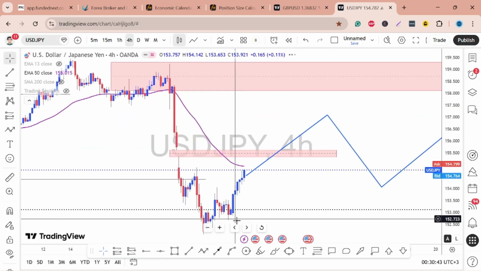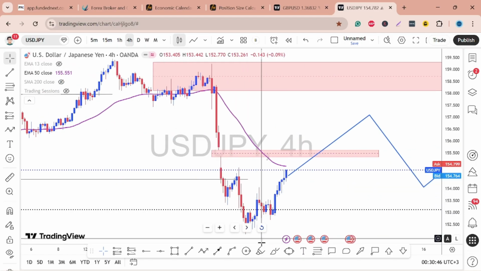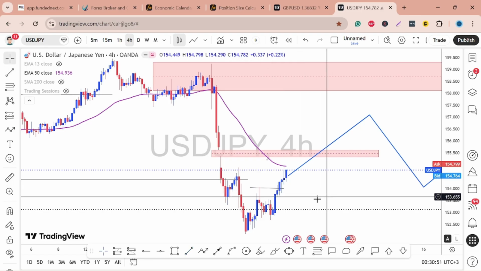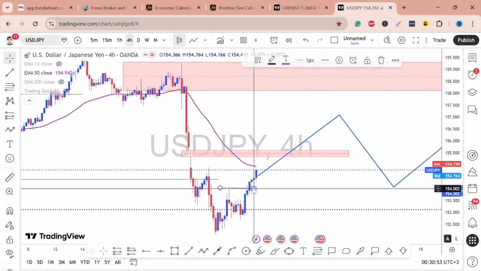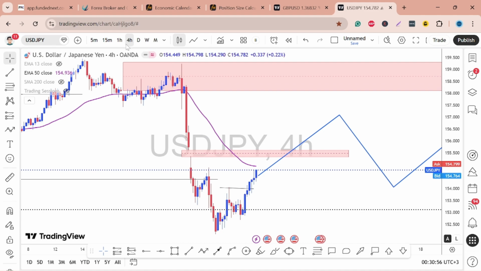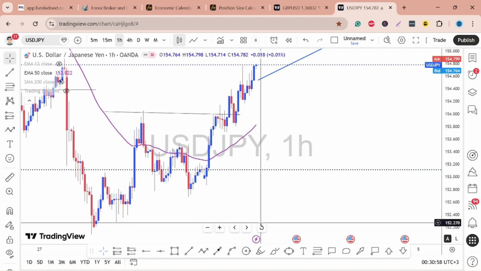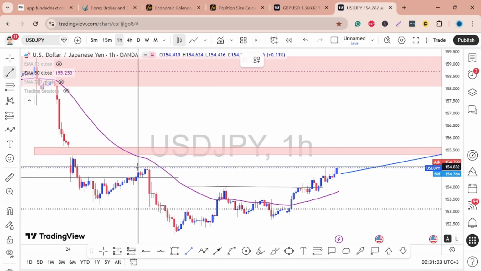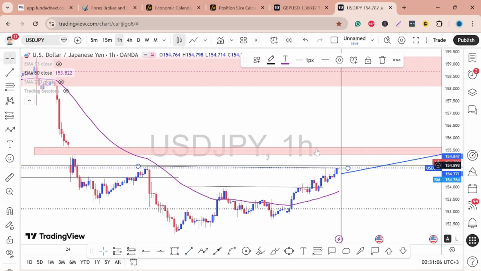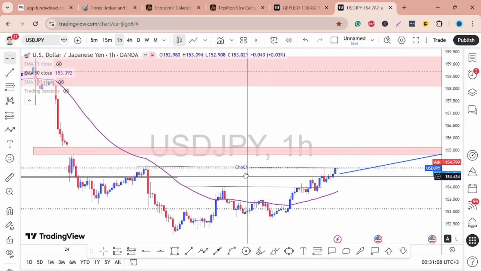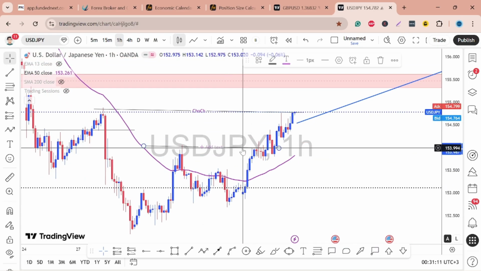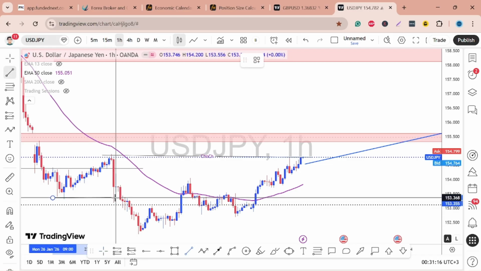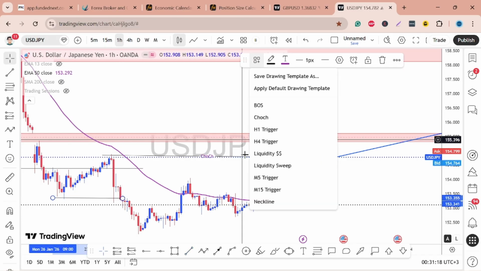Looking at the lower time frame, for instance the 4-hour time frame, from the understanding of price, this could be your change of character that is forming right now, because this was the last break of structure here.